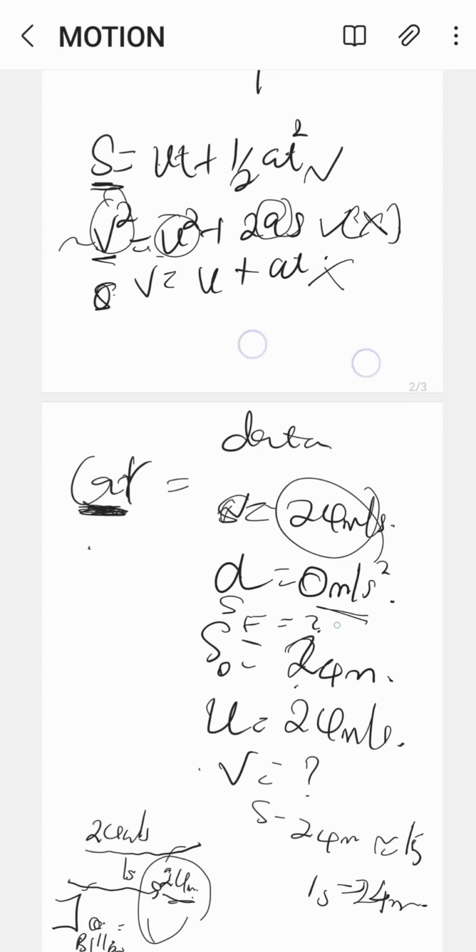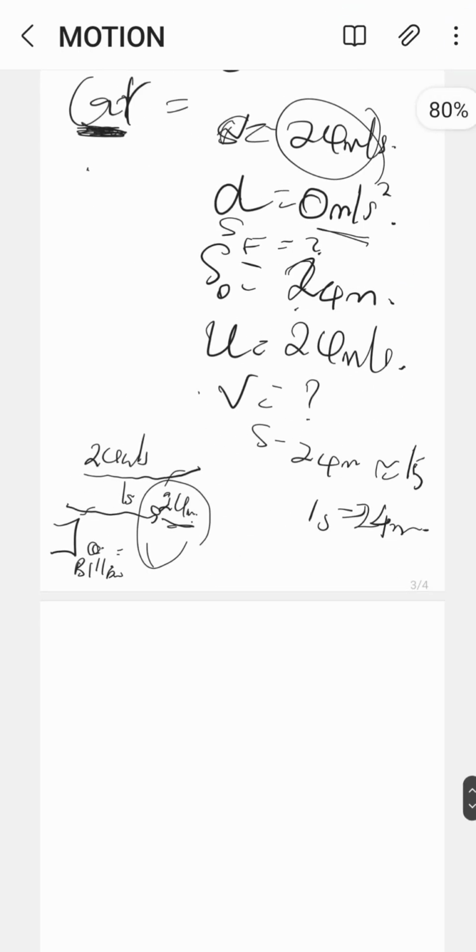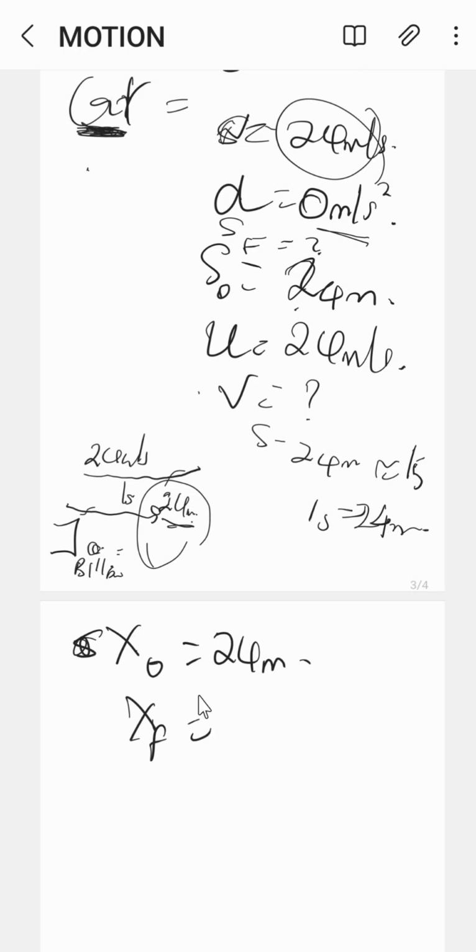So initial distance will be 24 meters as we try to find the final distance. Let me write this. Initial distance will be 24 meters. Final distance will be the distance we are trying to look for. Since this is where it's going to start, 24 meters, it will continue moving, and as it does, the trooper starts to follow.